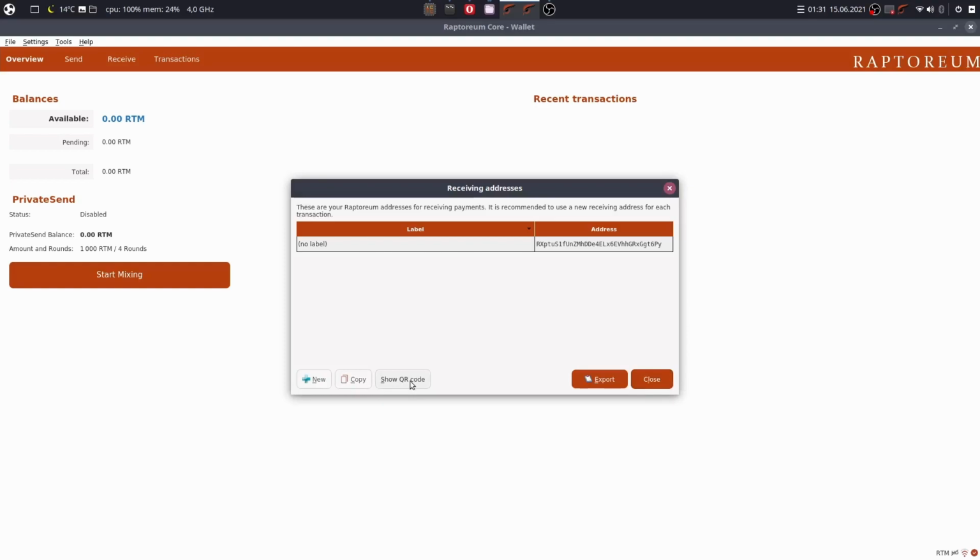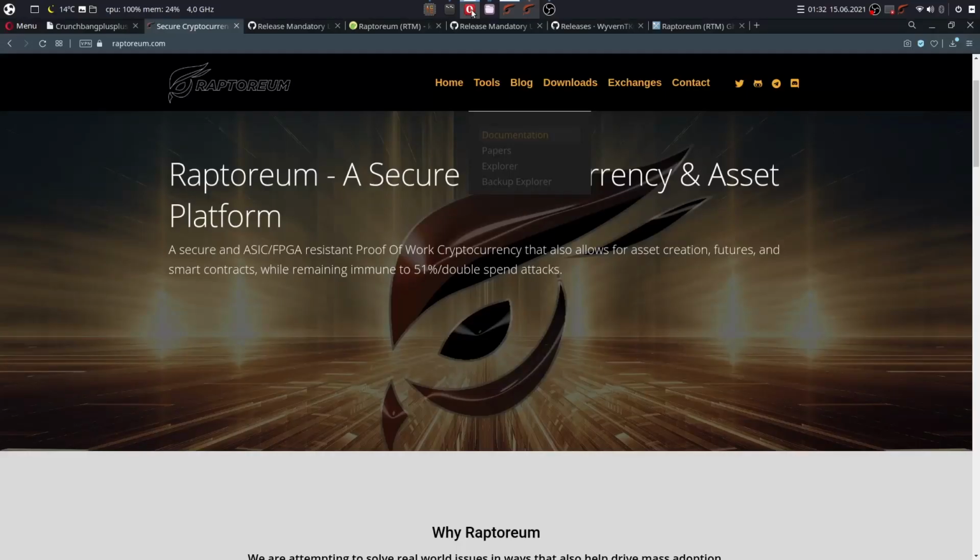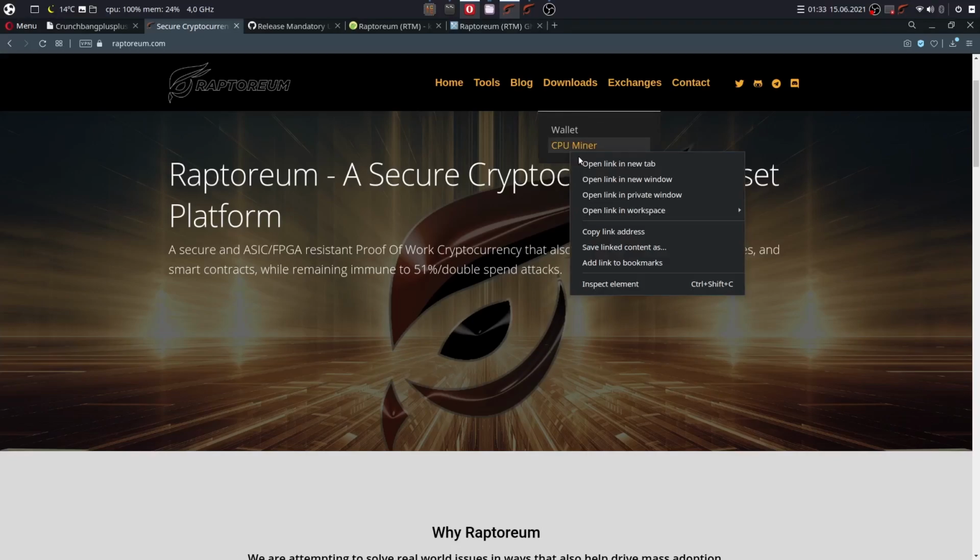I will generate QR code for it. Okay, so once we have a wallet address, we can start mining, but first we need to download a CPU miner, the official CPU miner.